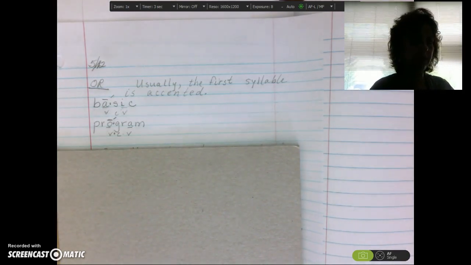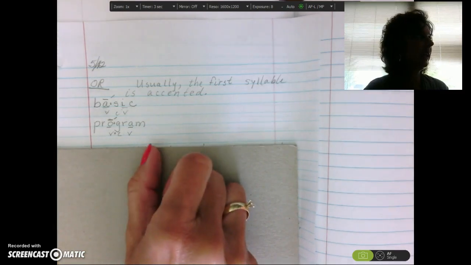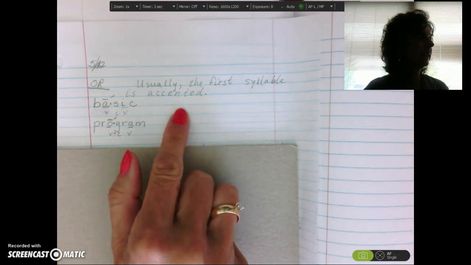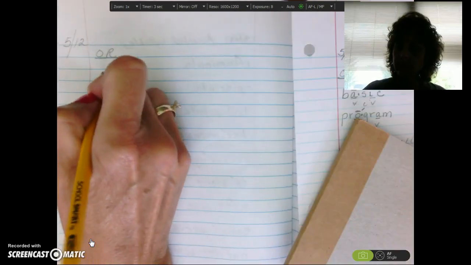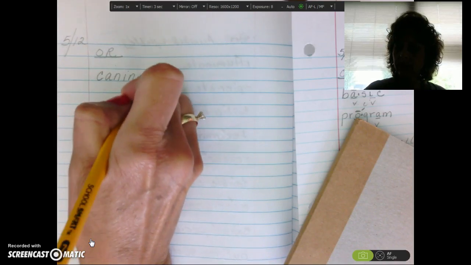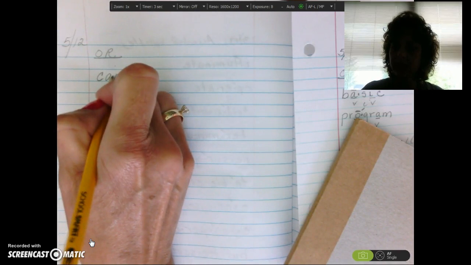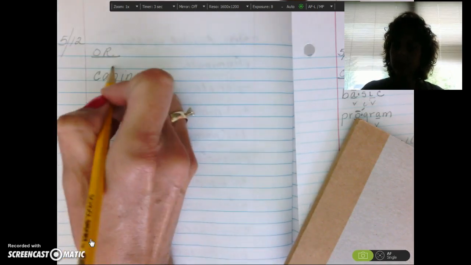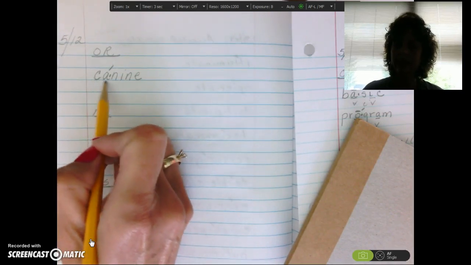All right. Now I want you to go ahead and try. Please write the word canine. K-9. This is the correct spelling. When we divide it into syllables, we divide it here. And this syllable is accented, so it says K9.